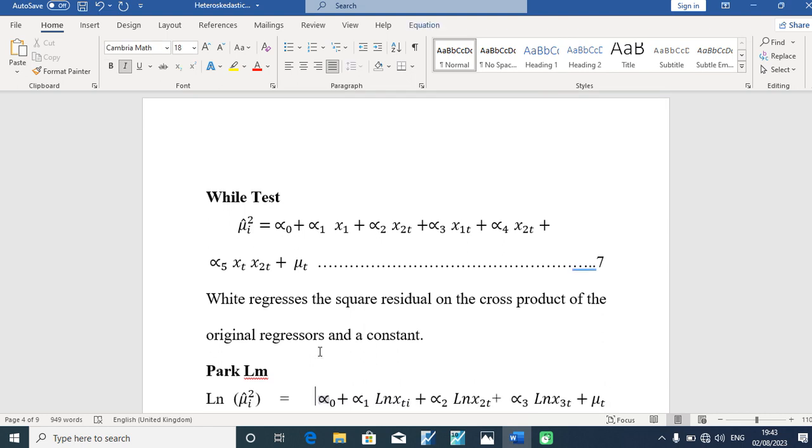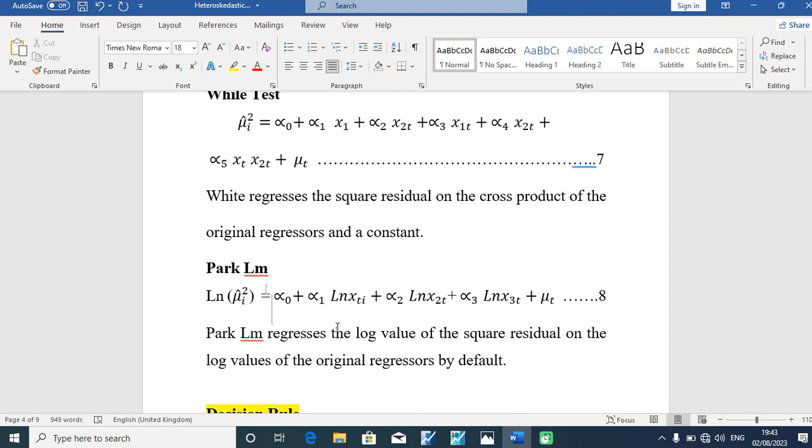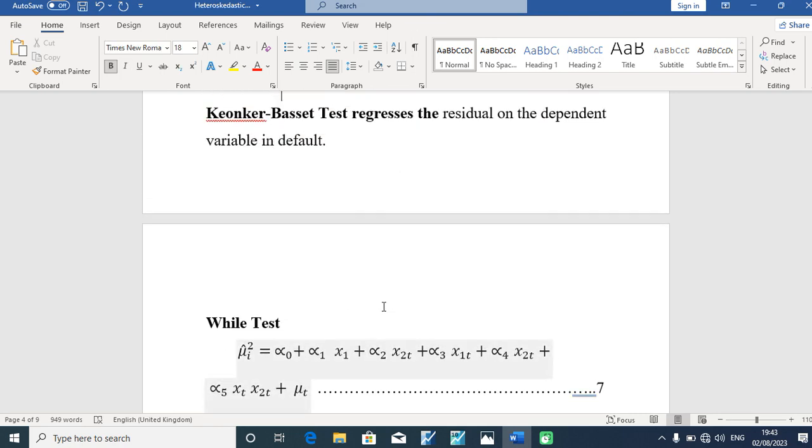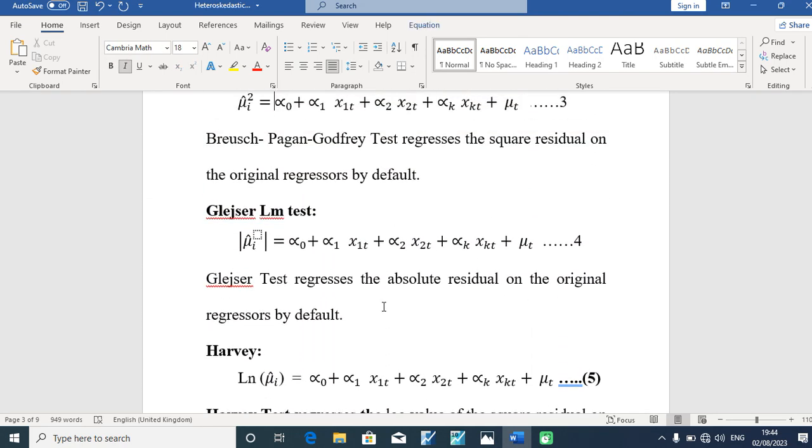We also have the Park LM statistic. The Park LM statistic equation expresses the log value of the squared residual on the log values of the original regressors by default. So these are the various estimation procedures and test statistics used in establishing the presence or absence of heteroskedasticity in any time series regression.